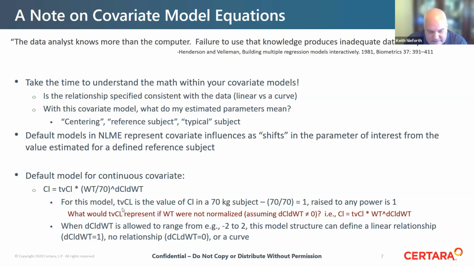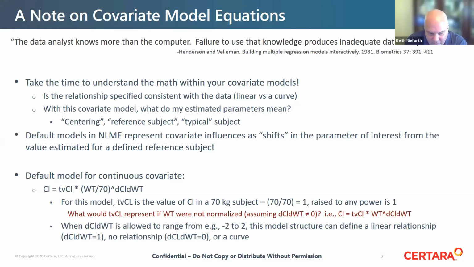So for this model, TVCL is really the value of clearance in a 70 kilogram subject, because 70 over 70 is 1, and 1 raised to any power is 1, right? So if your weight is 70, this part drops out.